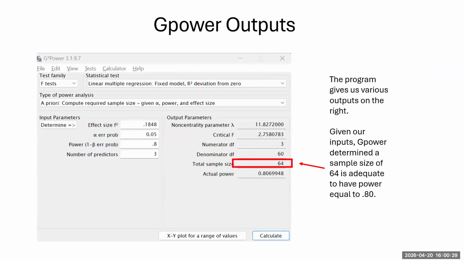If we hit calculate, GPower will generate the outputs. I'm going to draw your attention to total sample size, which in this case is 64. Essentially, GPower is telling us that given the inputs that we provided, we're going to need a sample size of 64 to have adequate power to detect the F squared that we specified.